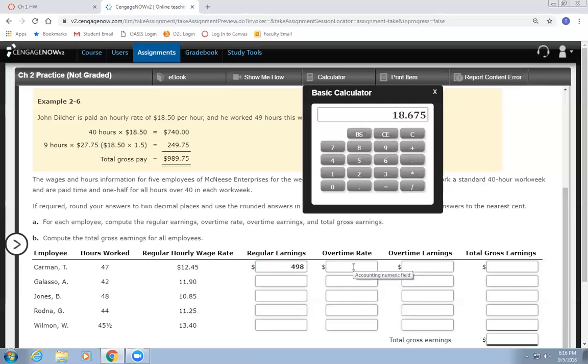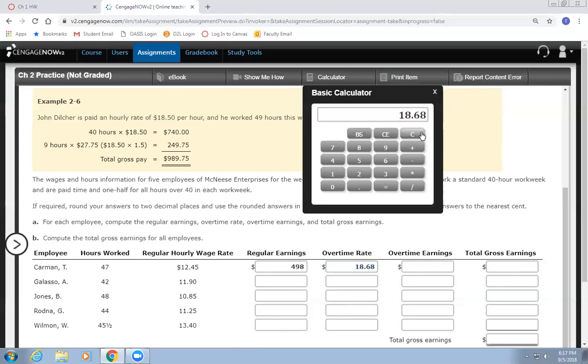So make sure you really read the instructions about how it wants you to round, because sometimes it'll have you round intermediate calculations to 3 decimals or to 2. And if you don't round, your numbers will be off. Yes, Amelia says yes. That's the most common error I see in payroll. So I just try to remind people to pay very good attention to how they want you to round. So $18.68.